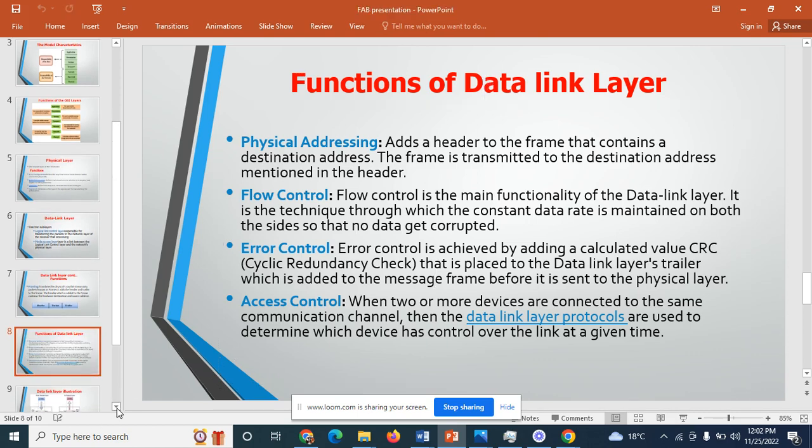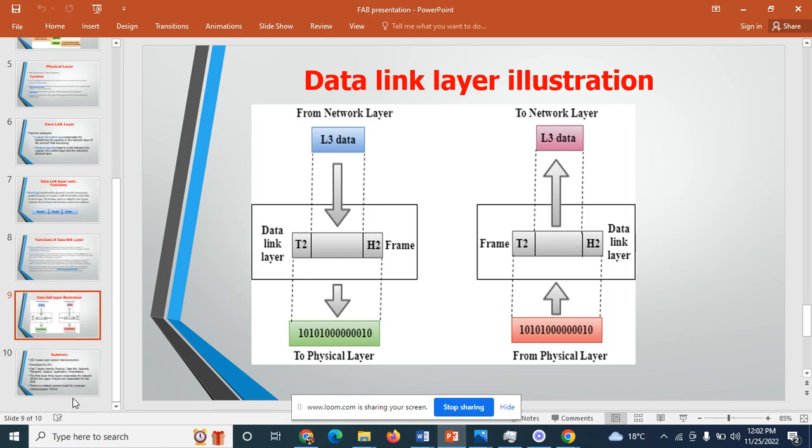Then this slide defines the outline, the general view of how the data link layer is. You can see the data link layer holds that header, where T2 is a trailer and H2 is a header. And remember what we said about what these two parts of that frame are made up of.